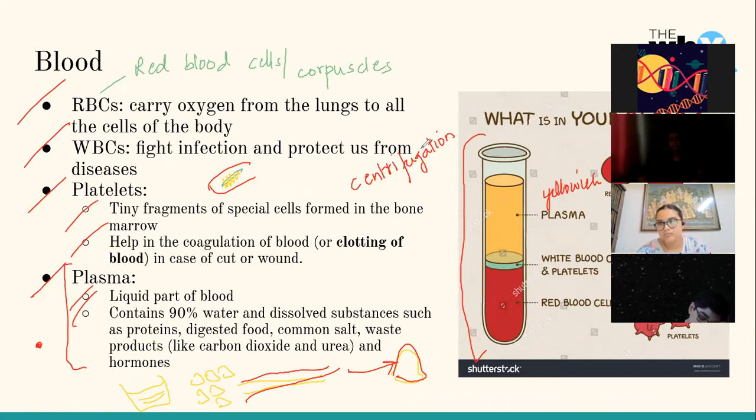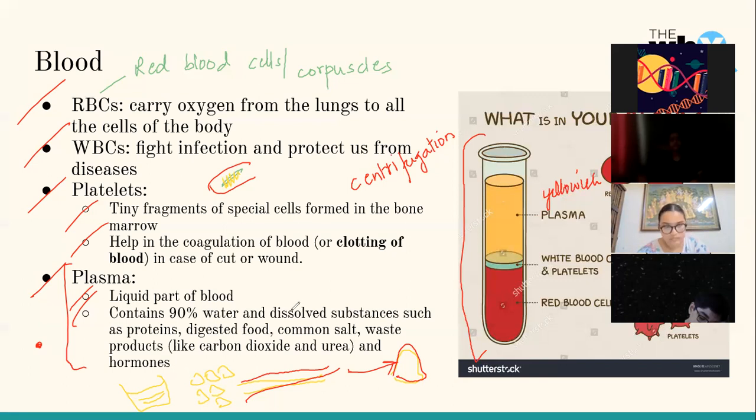Because of the difference in densities, the different components separate out like this. They spin it at a very high speed. It's not like they'll just take it in their hand and spin. It's a huge machine, and it is spun at a very, very high speed, and you get these separate components based on their densities.